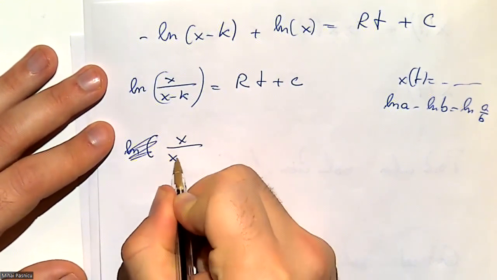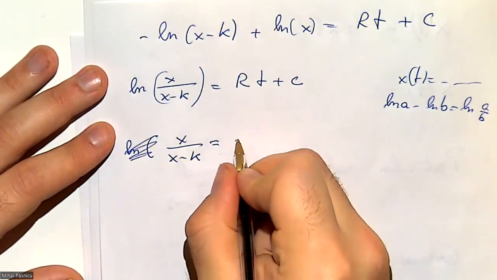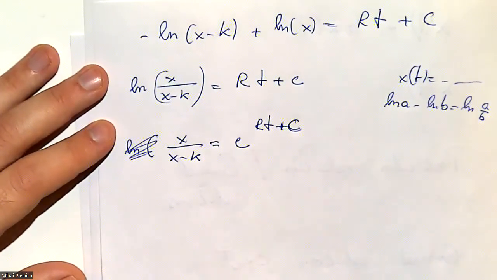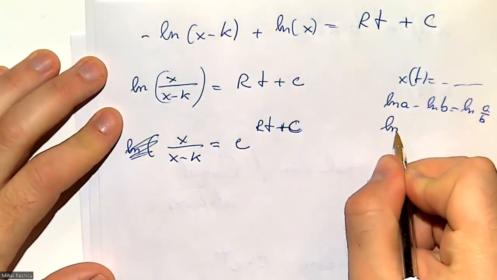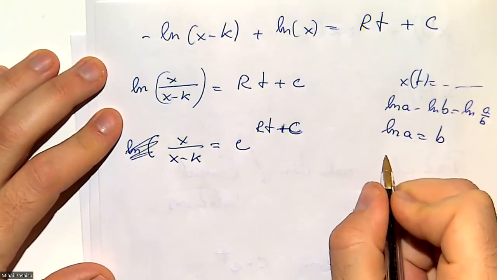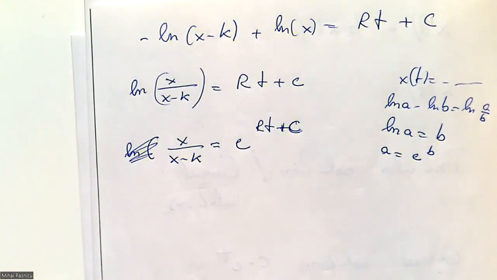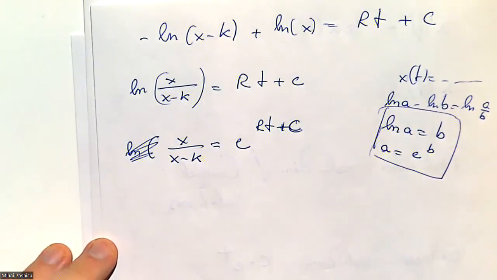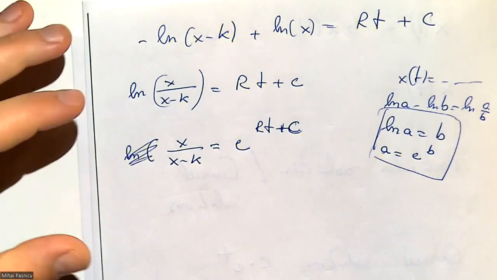So x over (x minus k) is equal to e to the power of RT plus the constant here. This is the definition of ln. And I'll write the formula again: if ln of a is equal to b, then a is equal to e to the power of b. Okay, that's just the definition of ln and exponential. This should be really familiar from Math 1, I guess.